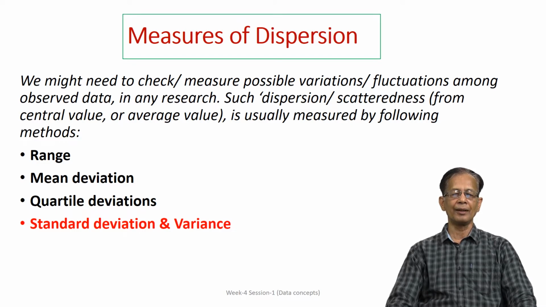The known methods are range, which is the highest value minus the lowest value, and also mean deviation and quartile deviation, but mostly in research we will confine ourselves to variance and standard deviation. The minimum relation between them is that standard deviation is the square root of variance.